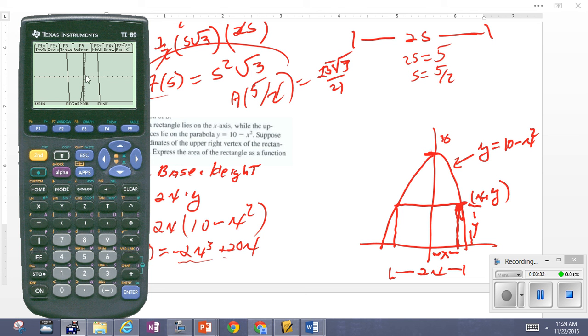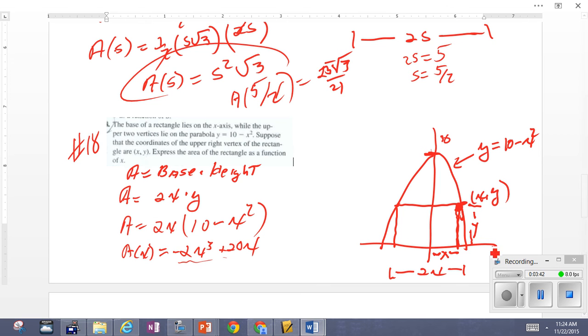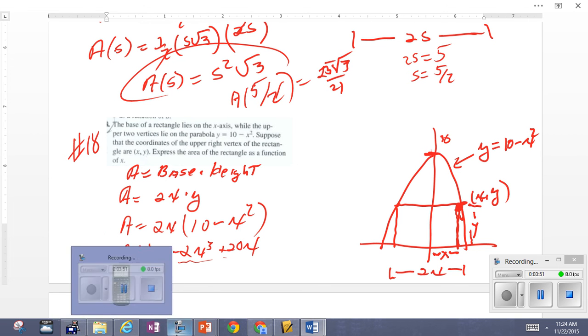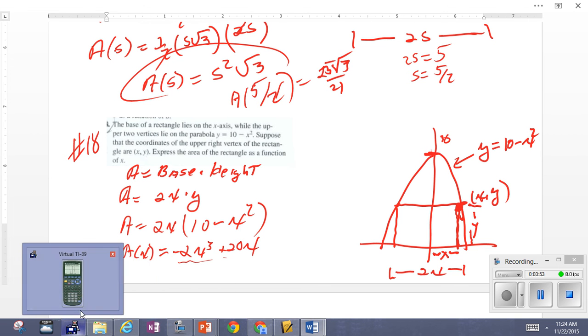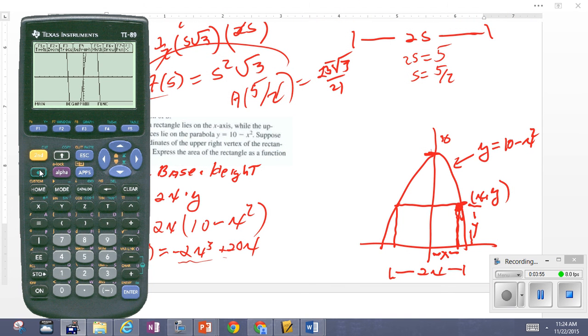So I'm going to look in this area here, which should be running from 0 to right here, radical 10. The x-intercept should be radical 10. So that's 3 point something. What we do is, again, bring up our calculator.